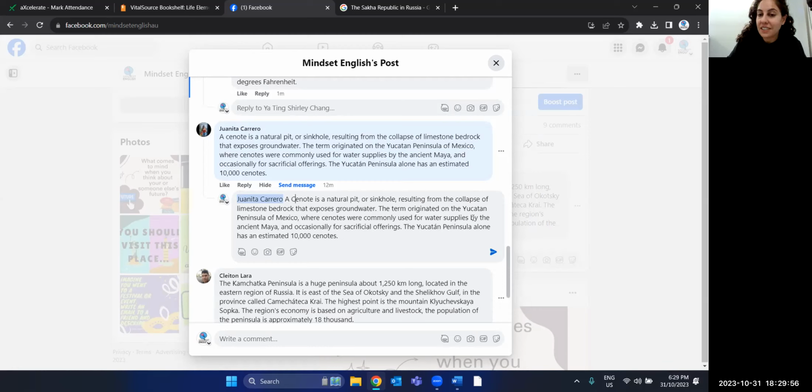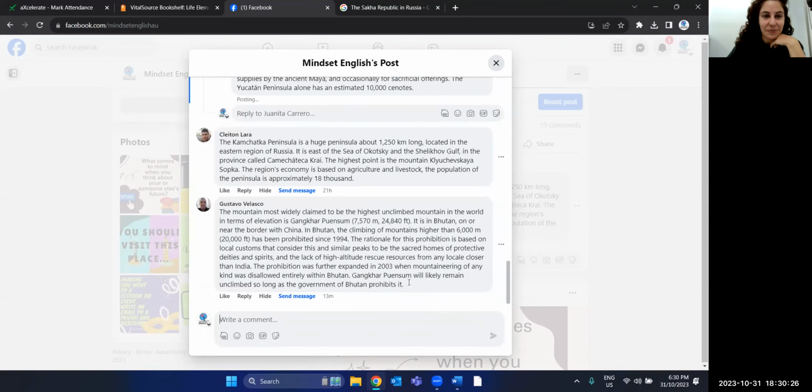The term originated on the Yucatan Peninsula of Mexico, where cenotes were commonly used for water supplies by the ancient Maya and occasionally for sacrificial offerings. So they used to kill maybe animals or people to give to their gods. The peninsula alone has an estimated 10,000 of these places.